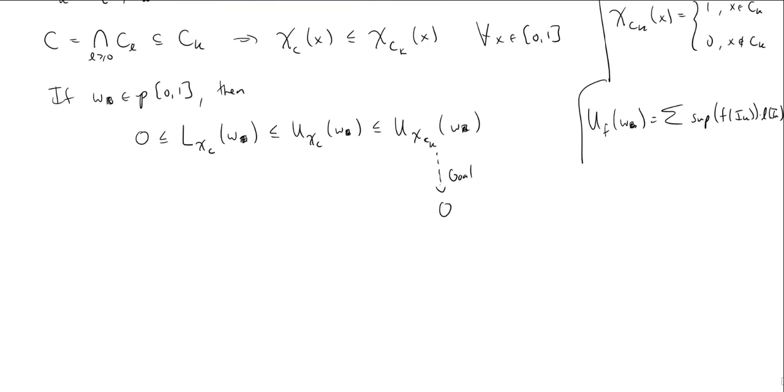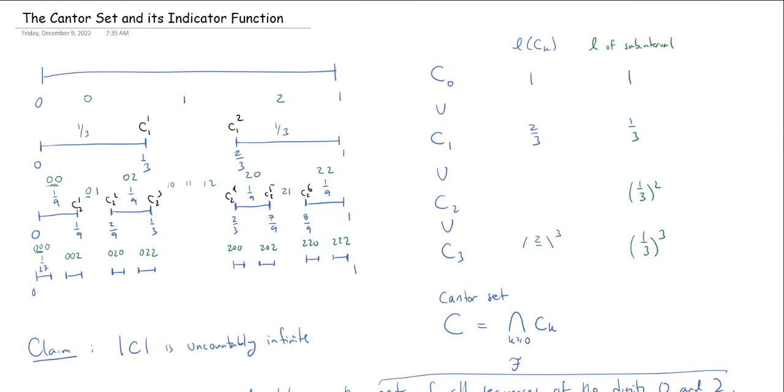Okay, so if I want to build a sequence where things converge to 0, here's what I'm going to do. For little n, some positive integer, I know that I can make the lengths of the intervals of these C_k small enough, meaning, say, less than 1 over n. All I have to do is go out far enough.